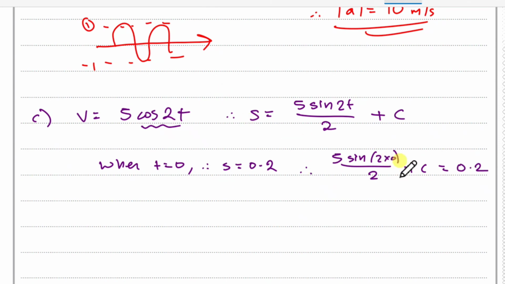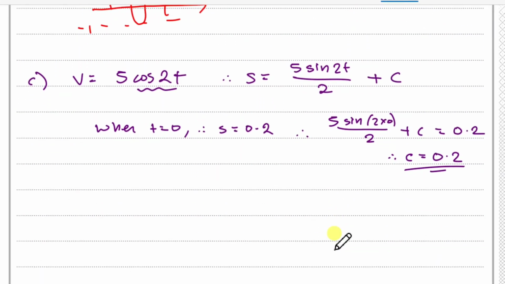Let's work this out. Sine 0 is basically 0, so all of that is 0. Therefore c must be 0.2. Okay, that's nice and easy. So now let's update this equation. The displacement equation is s equals 5 sine 2t over 2 plus 0.2.